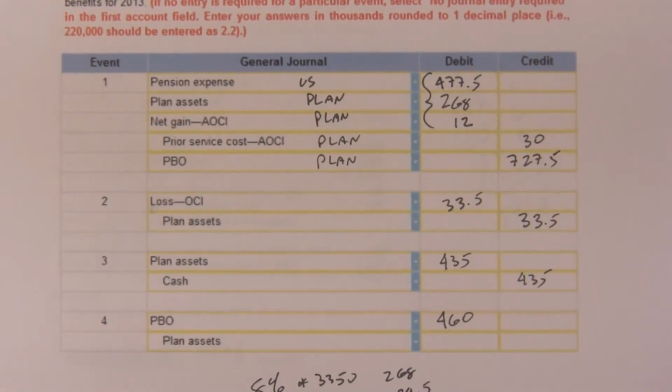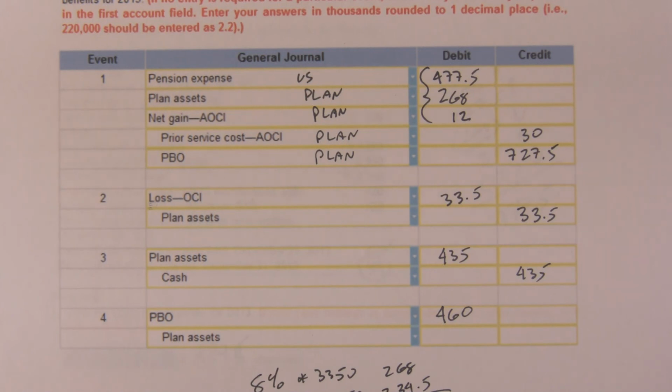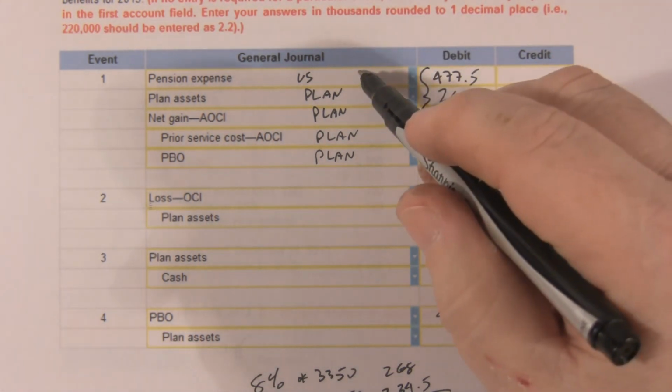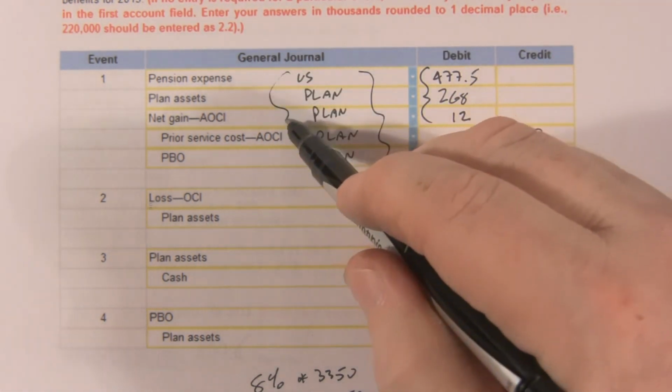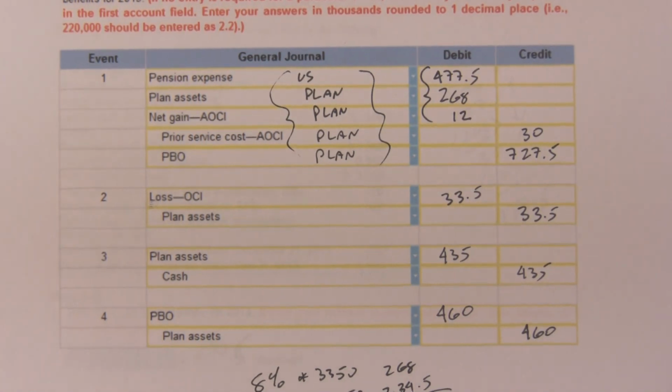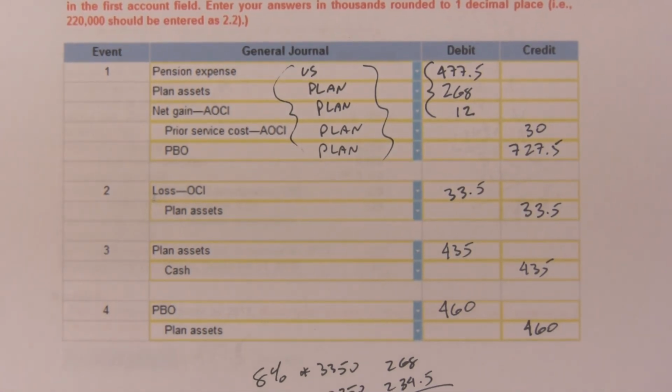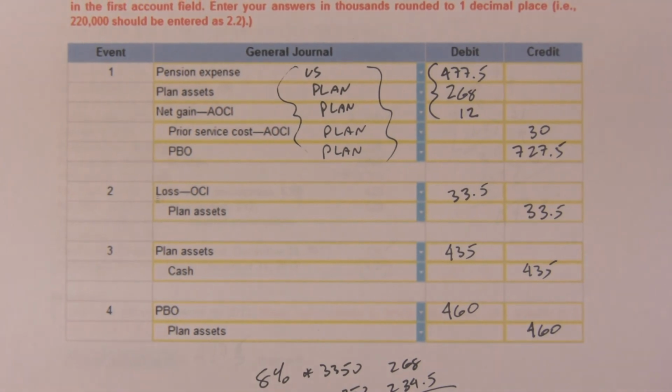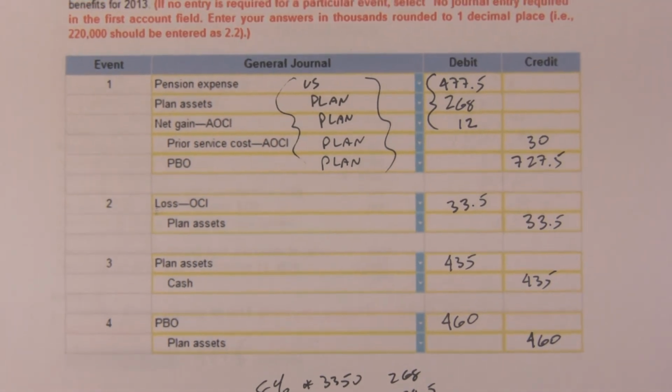We no longer owe those people those benefits. We've paid them, and of course we paid them out of plan assets. So once you realize that we're looking at both the plan and the company, and you put it all together, it makes a little more sense. We'll do some later on where we do a worksheet, and you might like that method better.